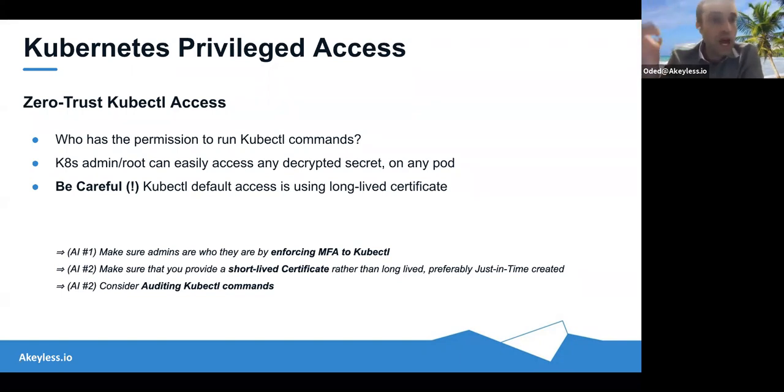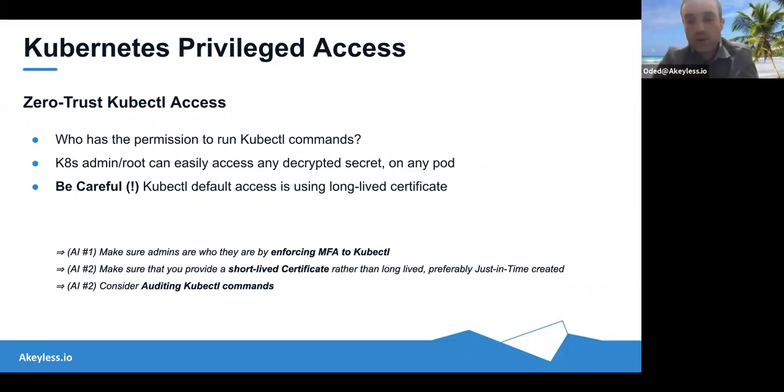Now, number three, in a highly regulated environment, you would also want to audit any kubectl command. So if there are 3, 4 or 5 administrators to a certain Kubernetes cluster, you have the ability to also record their commands. And later on, for security checks and audit, you'll be able to see exactly who has done what in the history log.